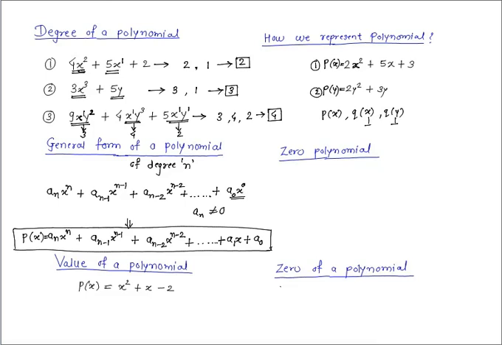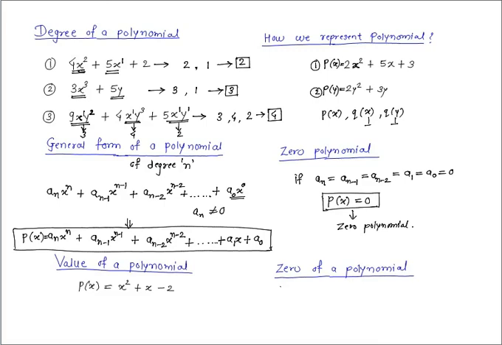So let me write this: if all the coefficients a n, a n minus 1, a n minus 2 are 0 in the polynomial, then each of the terms in the polynomial becomes 0 and the value of the polynomial becomes 0. So this is called the zero polynomial.